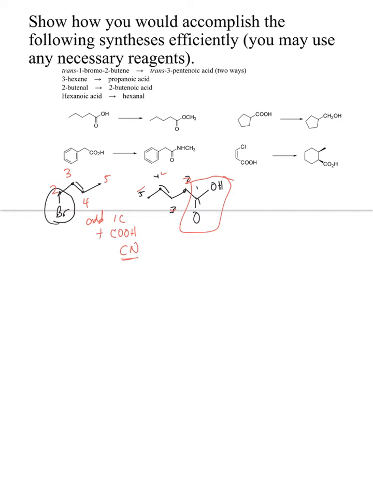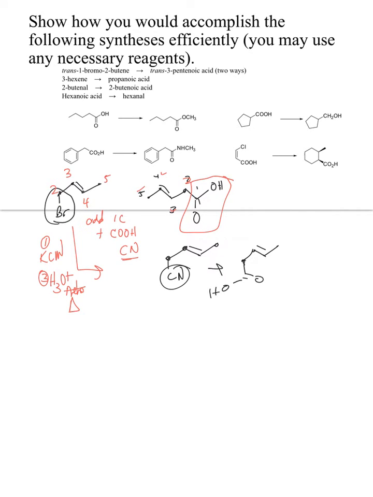So if you take this compound here and you react it with potassium cyanide, and then you hydrolyze this with H3O plus and heat, that will make a substitution reaction. Here's your 2, 3. And then this will get hydrolyzed to the carboxylic acid, which is equivalent to the product you want.